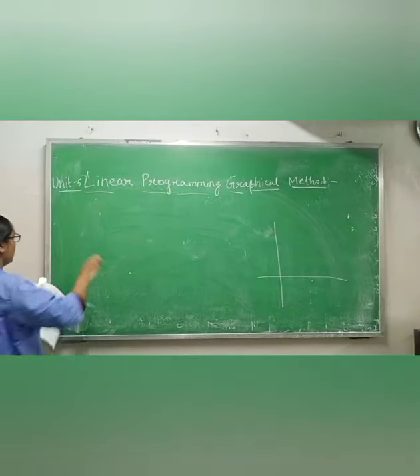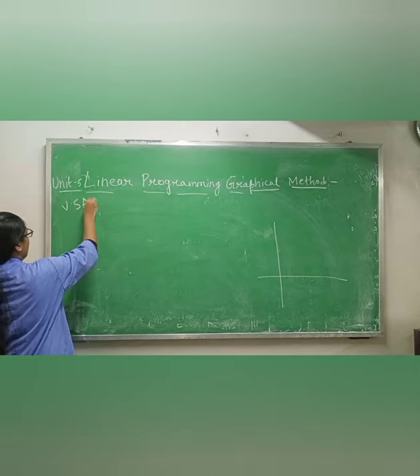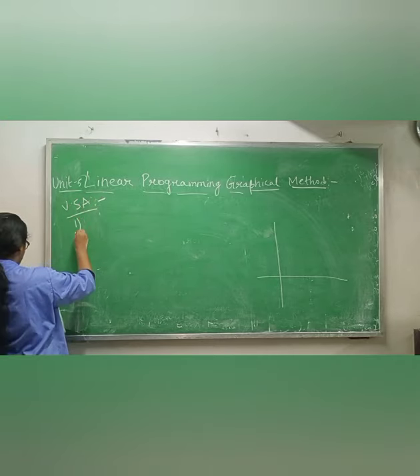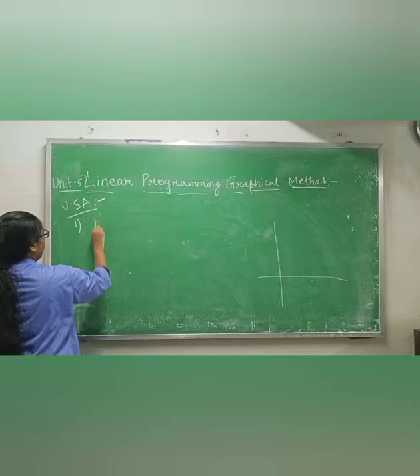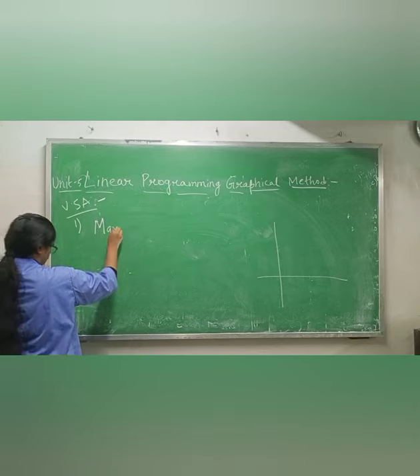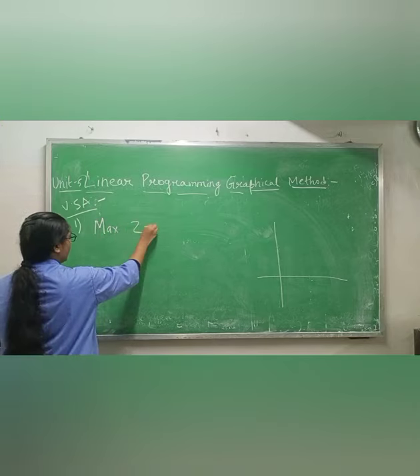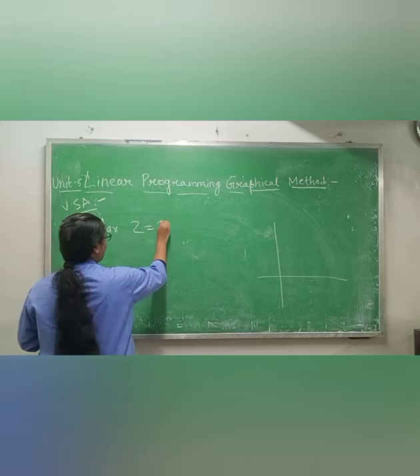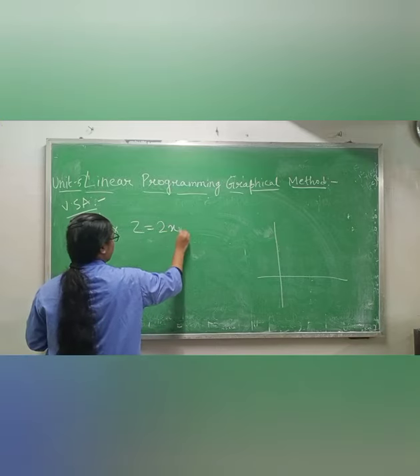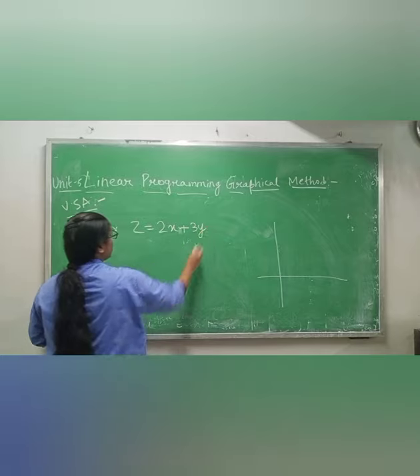It is given that maximize Z equals 2x plus 3y. Now what is Z?